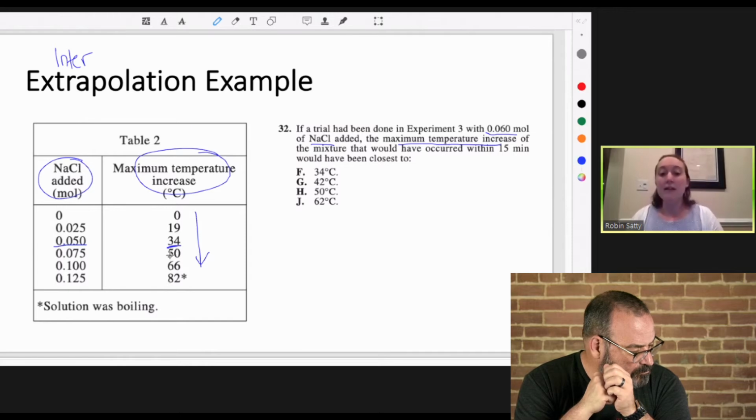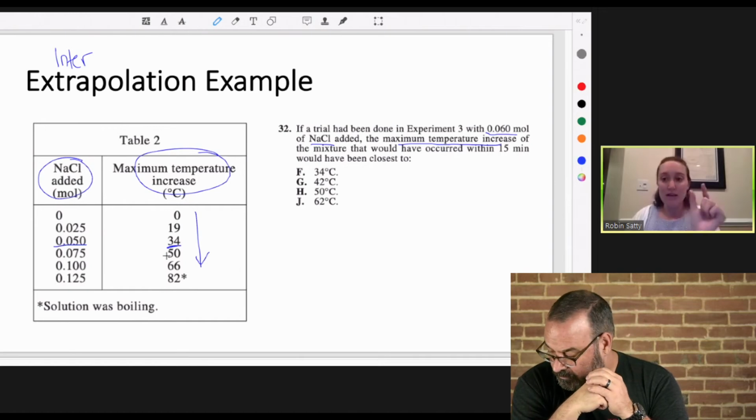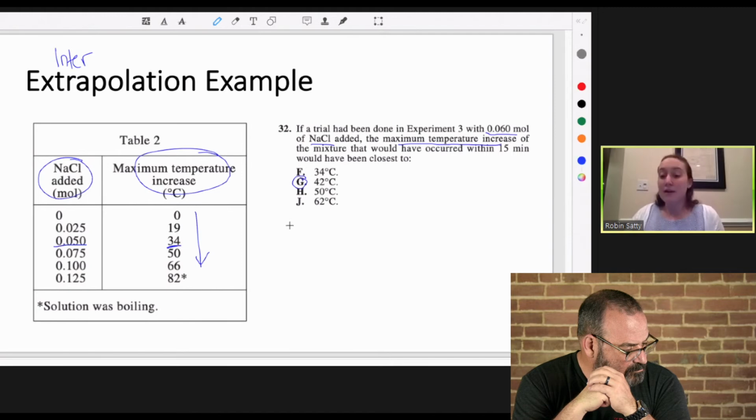I'm here to tell you it doesn't matter. They're not asking for specifics. They often are only asking for which in-between interval you are looking at. We want an answer between 34 and 50, and that's the only information we need. Because if you look at the answer choices, 34 is a choice, 50 is a choice, and there's only one answer choice in between. They're never going to give you the choices of 40, 42, and 44 in a question like this.